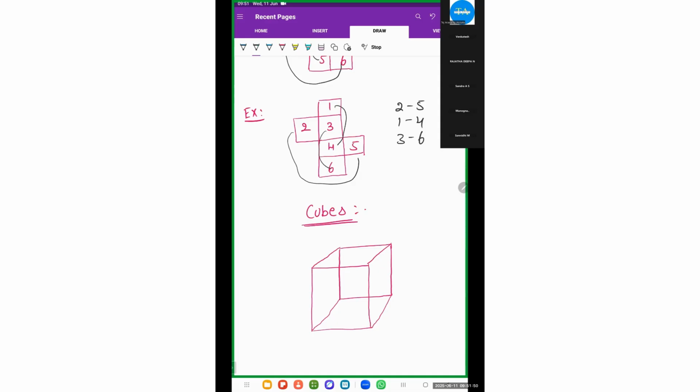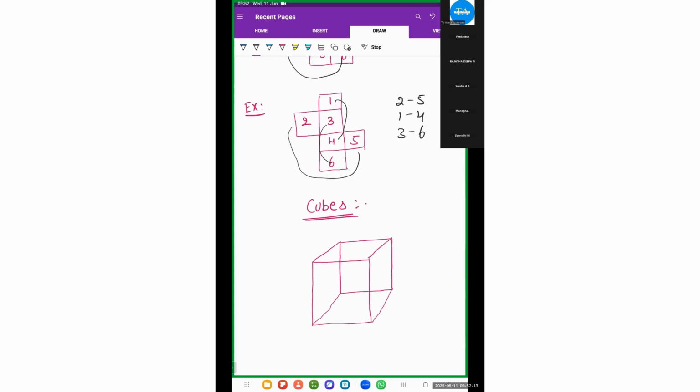You see, this is the front, this is the back. How many faces are there? Two faces when left and right, two faces when top and bottom. Total 6 faces are there.